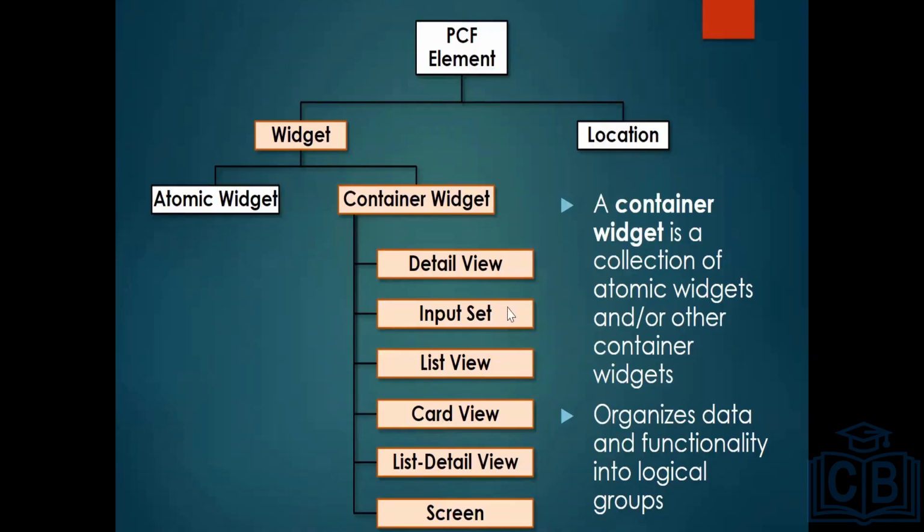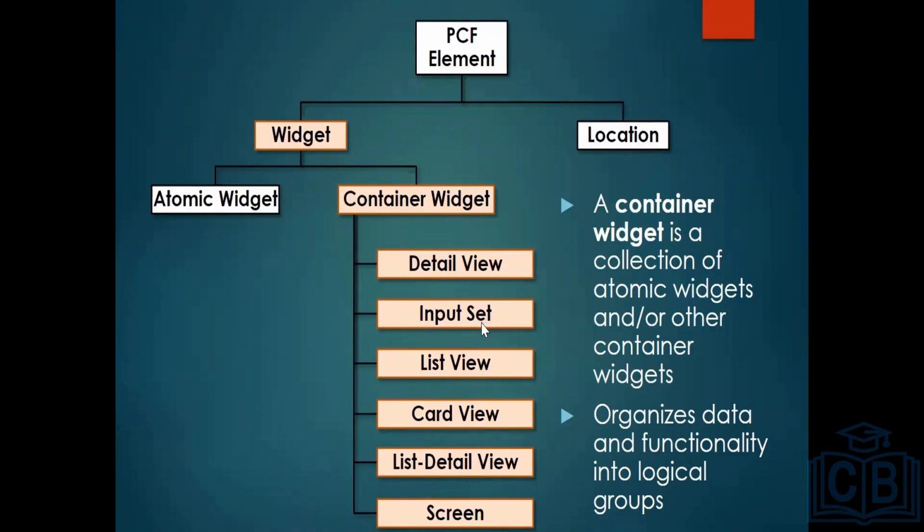Input set specifically is used when that particular container is reused in multiple other PCF files. When there is a reusability concept, suppose there are two fields and we have to refer to these two fields in multiple other PCF files.